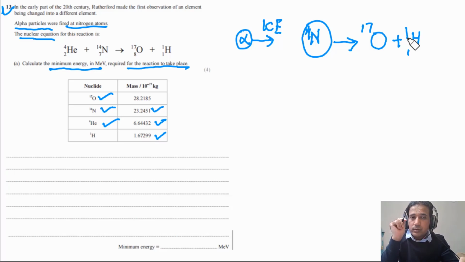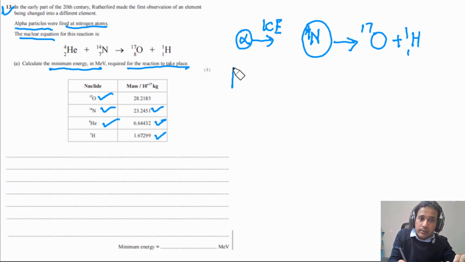You need to understand the concept, not just use a formula. Minimum energy means how much energy has been converted into mass. That much energy we must need. If we don't have enough energy to create the extra mass, it means this reaction will not be possible. So the minimum energy is equal to the extra amount of mass produced.